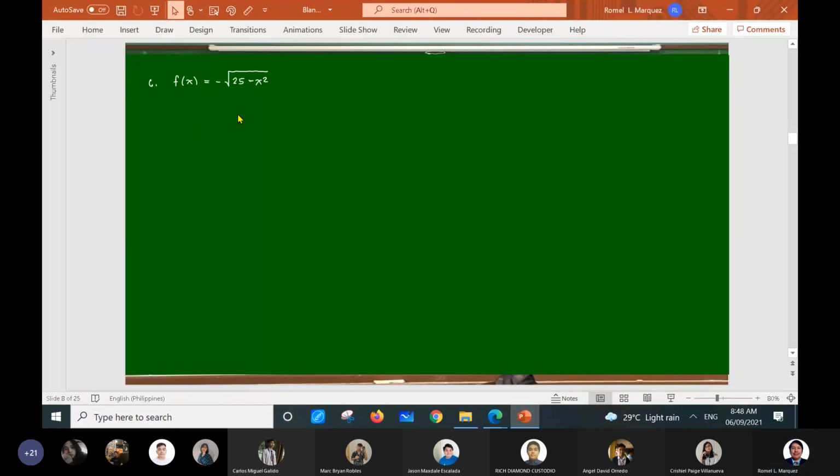So this is the lower part of a circle, of radius what? What radius, guys? Radius 5.